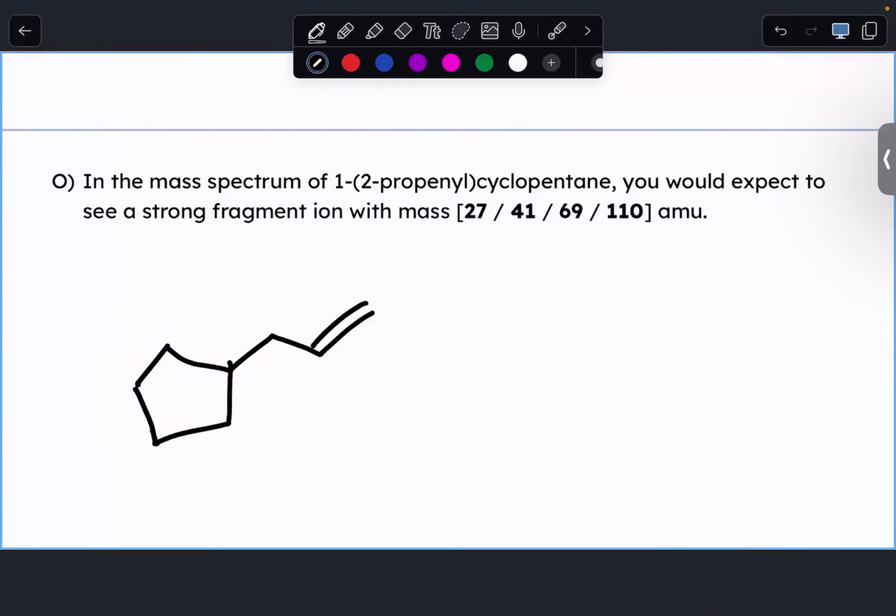What about the other ones? So that means the private.